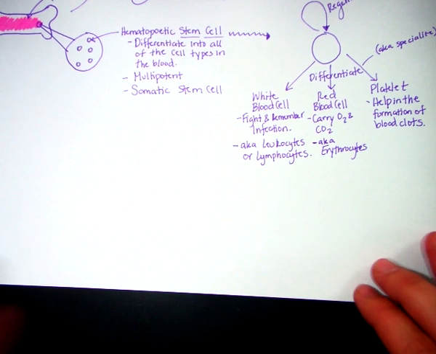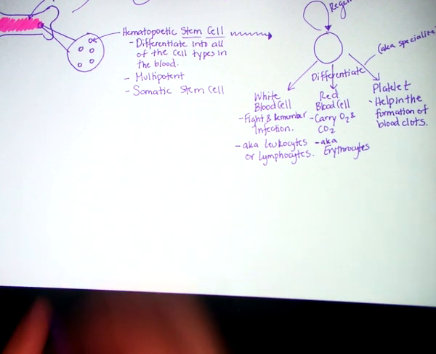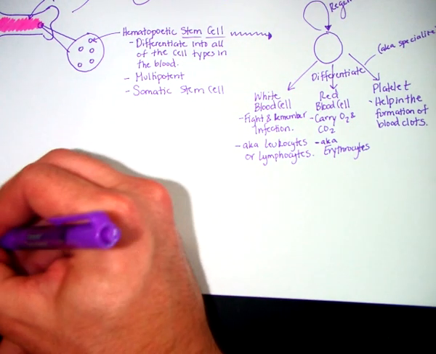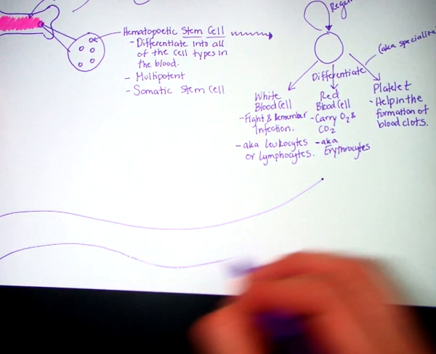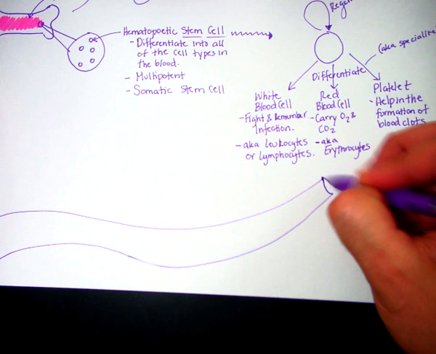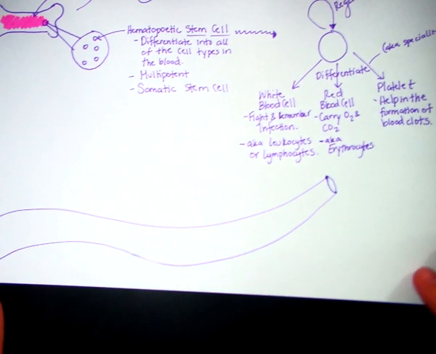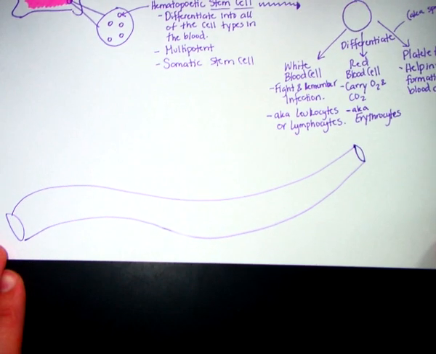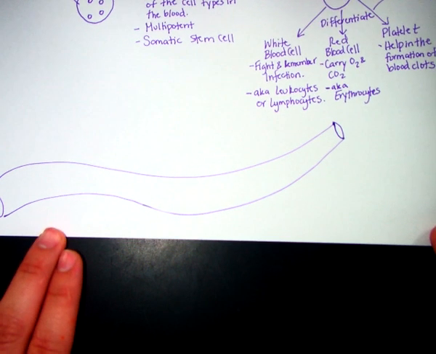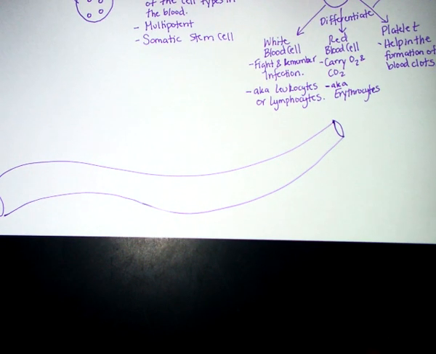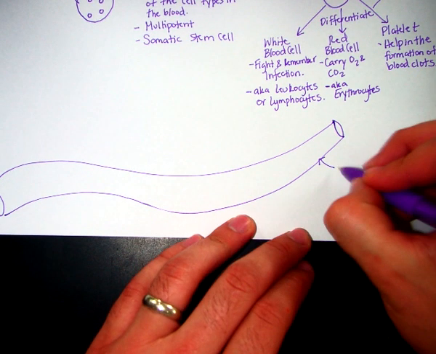Okay. So what we're going to do is think of this in terms of where these are located. Once they're produced in the bone marrow, they get released into the blood, and they travel through blood vessels.